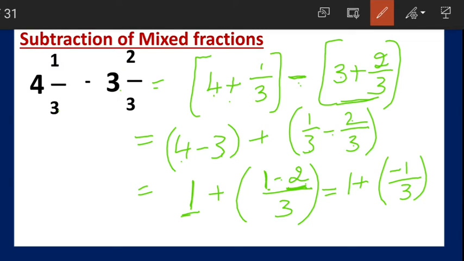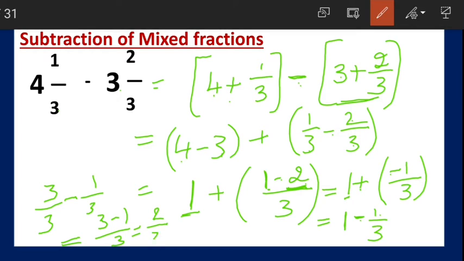Minus 1 by 3. So observe that 1 whole plus minus 1 by 3 part. From 1 whole, we have to subtract 1 by 3 part. 1 whole can be written as 3 by 3 minus 1 by 3. So then we get 3 minus 1 by 3, which is equal to 2 by 3.